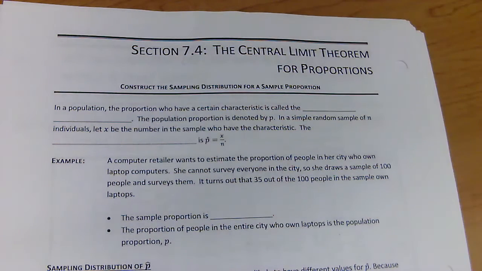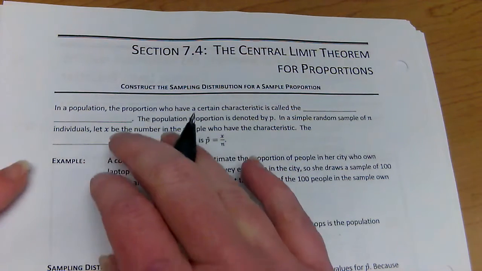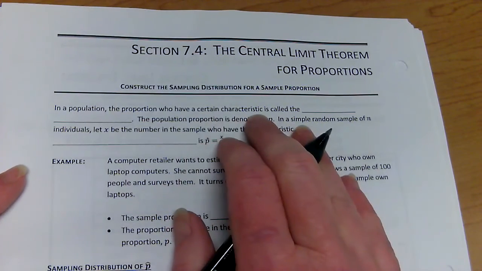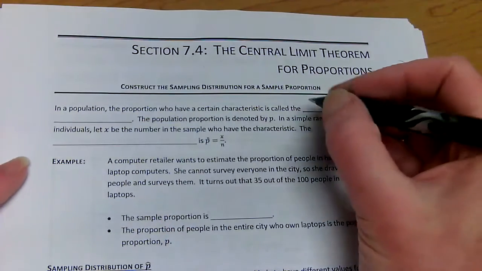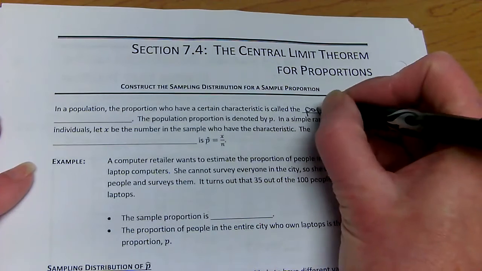This time, let's talk about the proportion of a population who have a certain characteristic. This is called the population proportion.